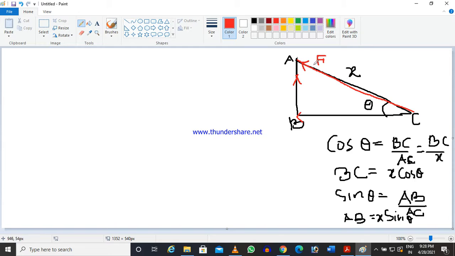That means when we split a force, similarly if I make a perpendicular from here, this is nothing but AB.